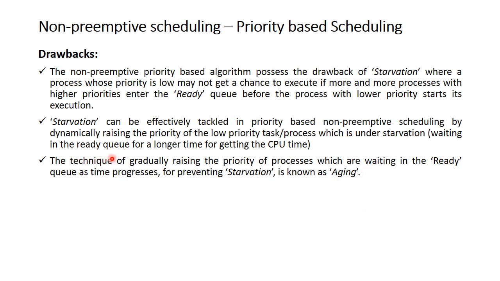The technique of gradually raising the priority of processes which are waiting in the ready queue as time progresses, for preventing starvation, is known as aging. Okay, understood, right? This process of raising the priority of a low priority process during execution, which is facing the problem of starvation, is known as aging.